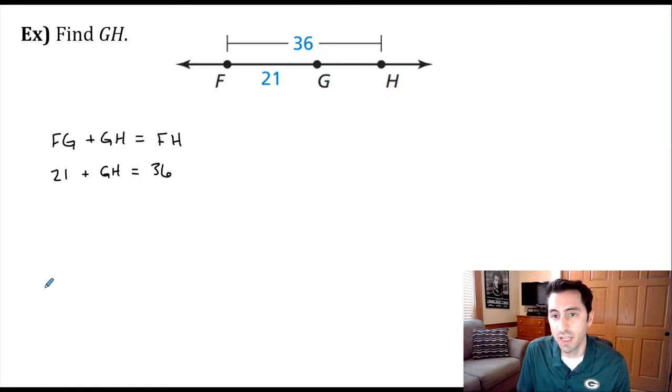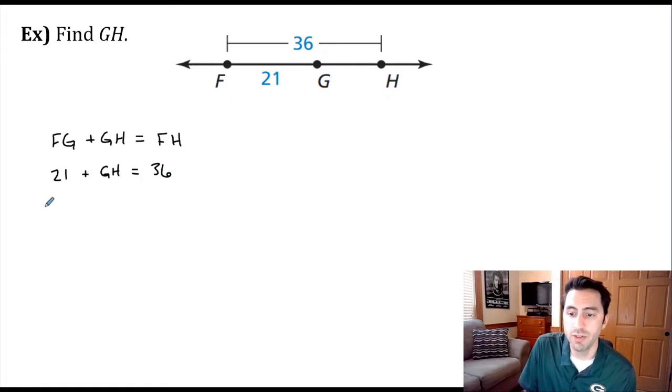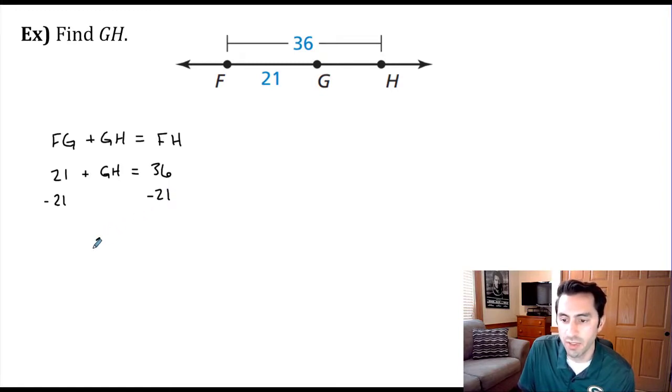So this is the segment addition postulate, but as you can see here, this is going to work with subtraction as well. So I'm taking away a little bit of length from the entire length, and that's going to give me the length of GH. So 36 minus 21, GH has a length of 15 units.